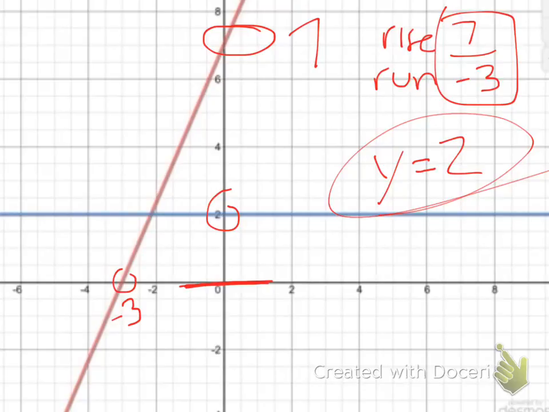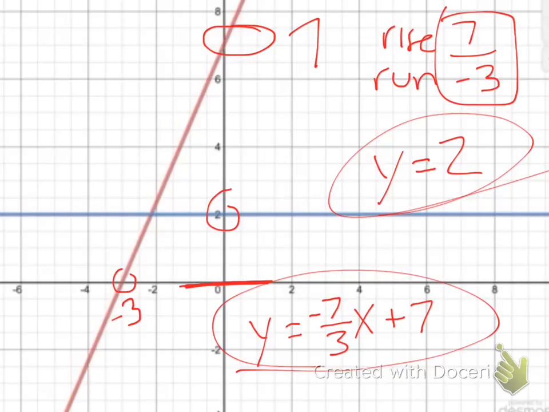And we have a y-intercept of 7, so it's y equals -7/3 x plus 7. Now we could have also used the point -3, 0, or 0, 7 with the slope of -7/3, and use point slope to solve the equation.